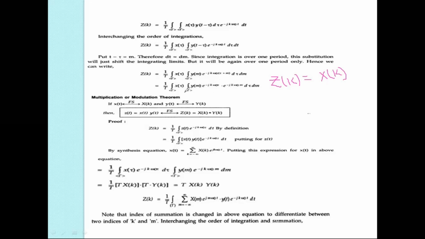If there is 1 by T, then only it is y of k. There is no 1 by T, so keep the 1 by T here and multiply by T for this total function. Then z of k is equal to x of k, y of k into T.